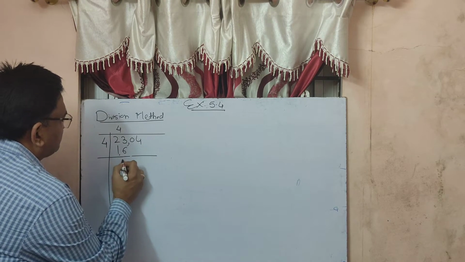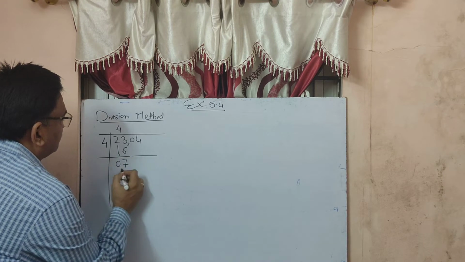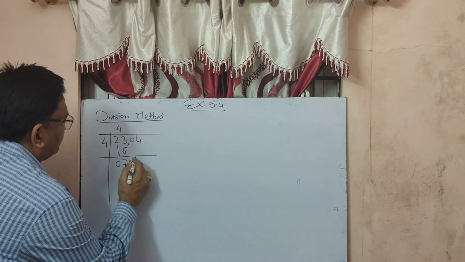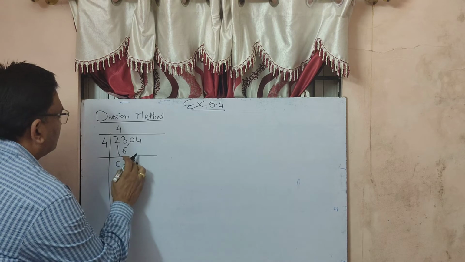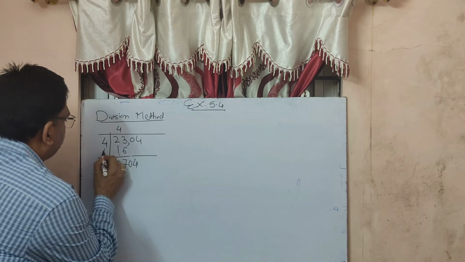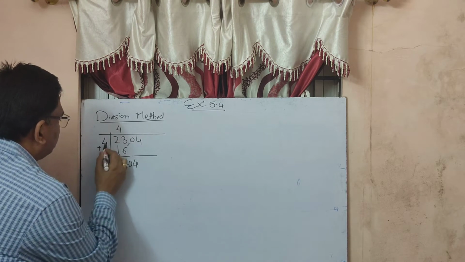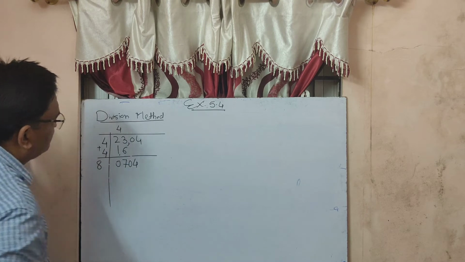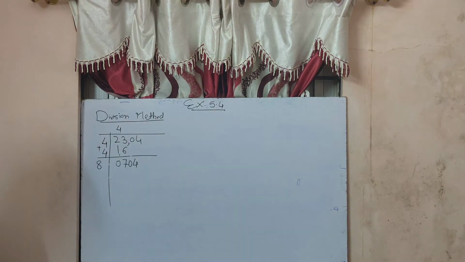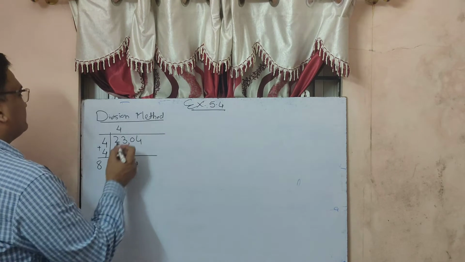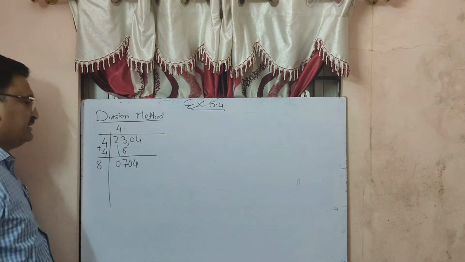How much is the remainder? 7. Then take the 0 and 4 down. Now whatever 4 you have, write the same thing here. 4 plus 4 is 8. So I told you, whatever you write here, you have to write the same thing here.